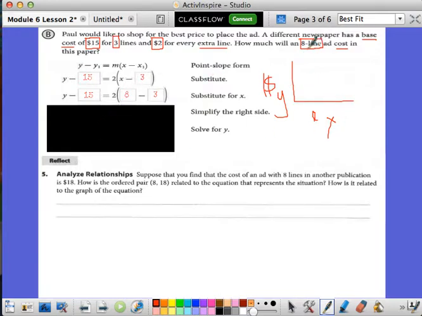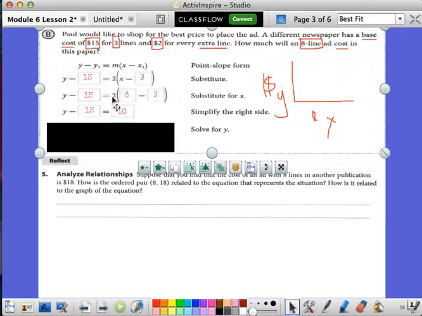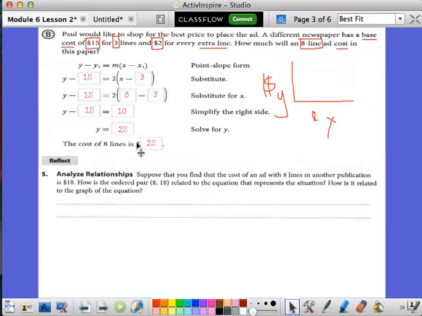So then I know that since 8 is an x, I have to replace the other x value with 8, so I can find my cost, which is my other y value. Right? So when I do this, I get 2 times 5, which gives me 10. And then I'm going to add 15 to both sides, and I get y equals 25. So I know that the cost of 8 lines is going to be $25.